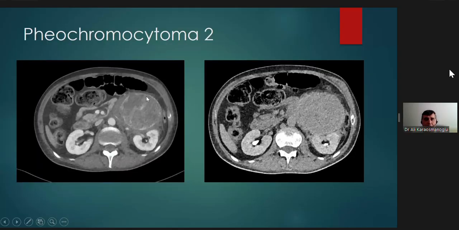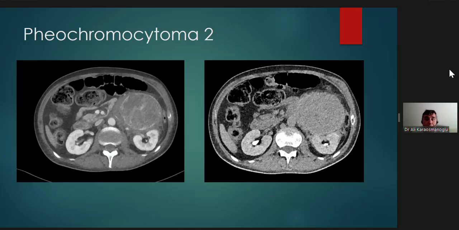On CT, you can better appreciate the mass. There are some enhancing areas. Non-enhancing areas are more abundant than the enhancing areas. And there are increased hemorrhagic densities around this mass. And this is a delayed phase. The surgeons operated on this patient, which confirmed a spontaneously bled hemorrhagic pheochromocytoma.